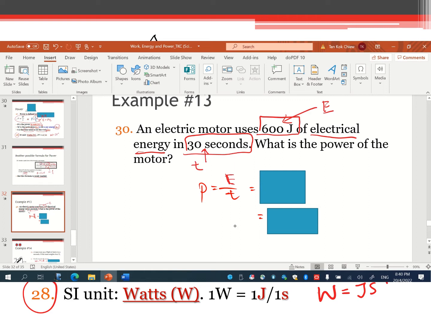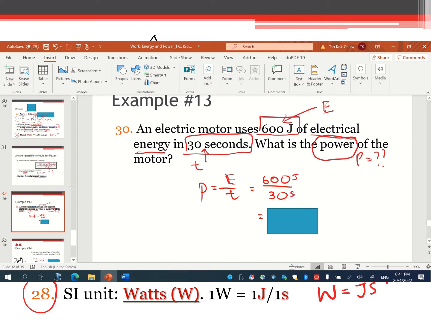So what is the power? What is the power of the motor? So now you can look at the formula P equals energy over time. So this example I work with you first. You should see that it is 600 joules over 30 seconds.